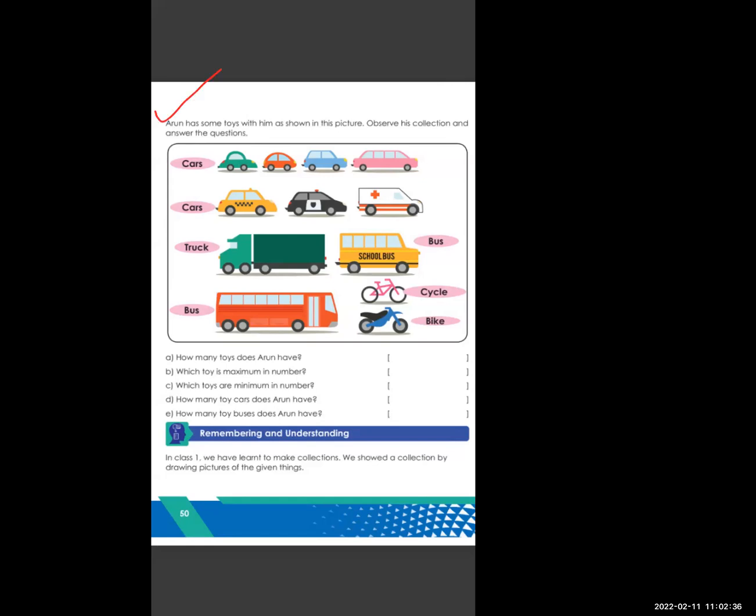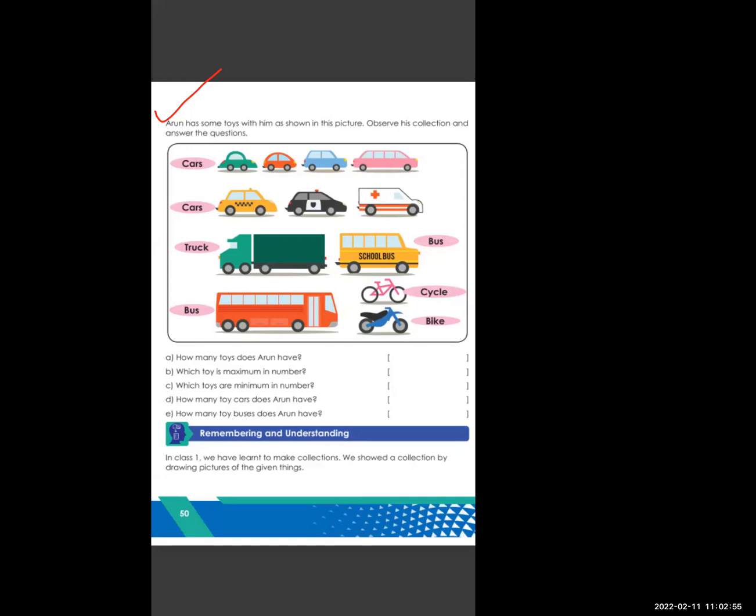Read what question is given first. Arun has some toys with him as shown in this picture. Observe this collection and answer the questions.